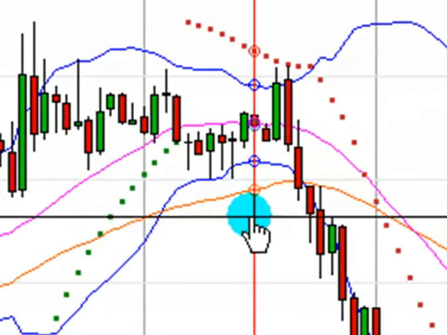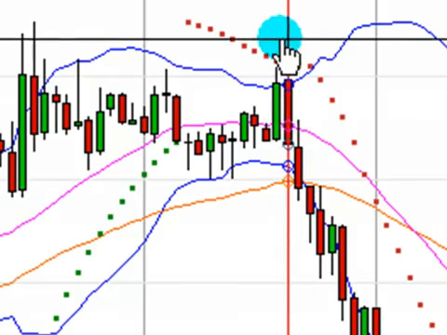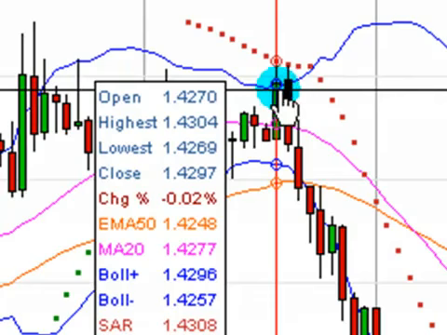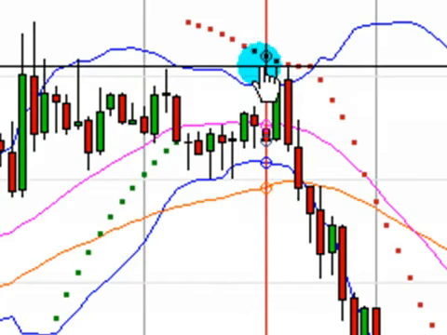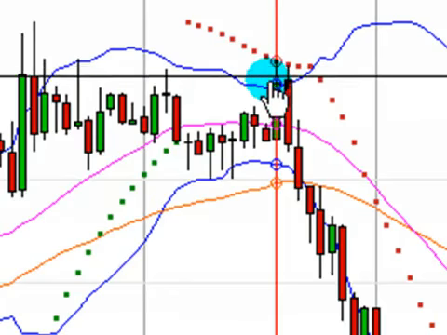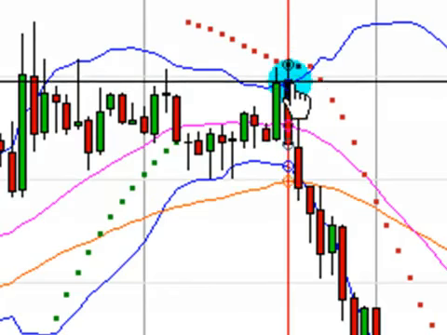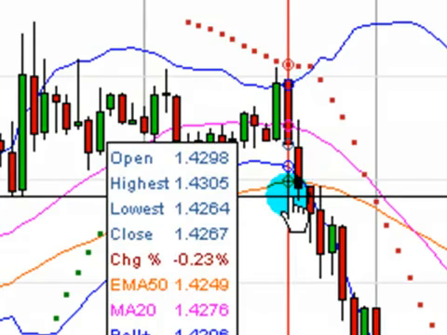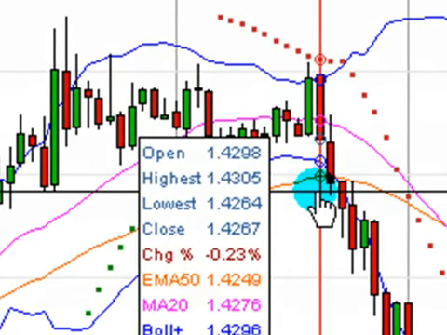Right, here we go, we have another one here. We have an overbought indication there, and though the stop and reverse indicator indicated well before that particular indication, I will take my trade over here because this particular candle closes past the 50 moving average.